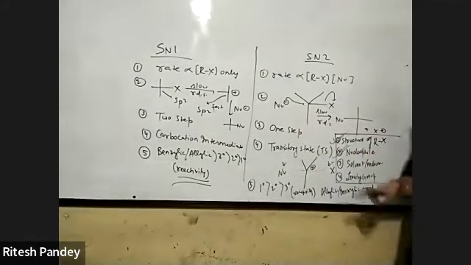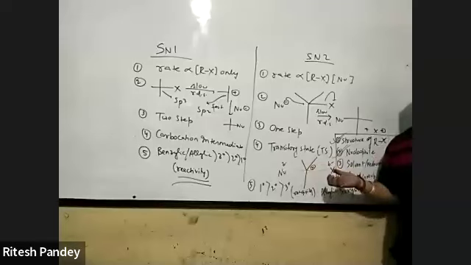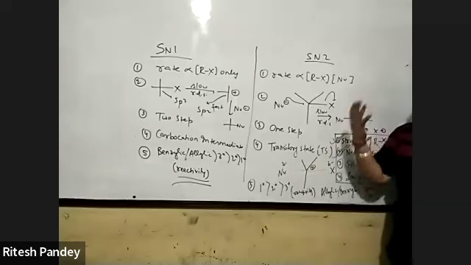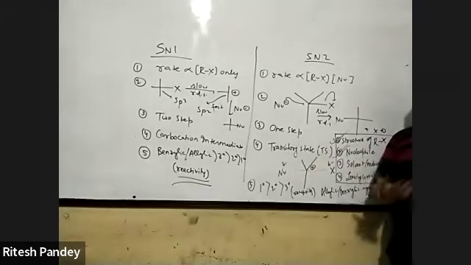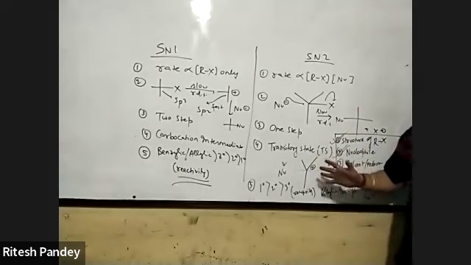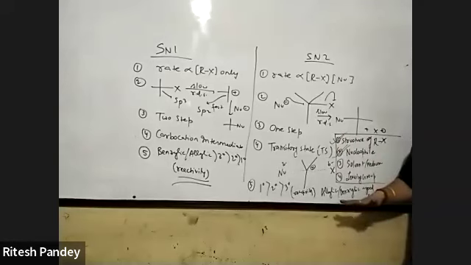Now don't you think if this positive is more, it's more inviting for the nucleophile. This positive charge could increase the nucleophilicity of the nucleophile. And later on, I'll tell you about solvent as well. The nature of solvent could also play a role. But so far we're talking only about the nature of the halide.